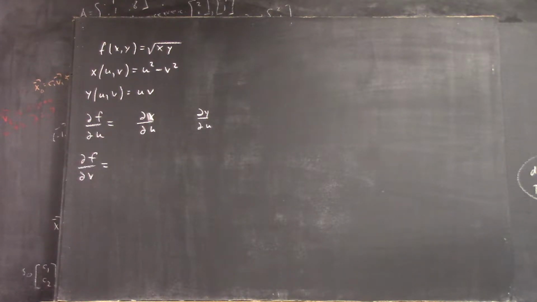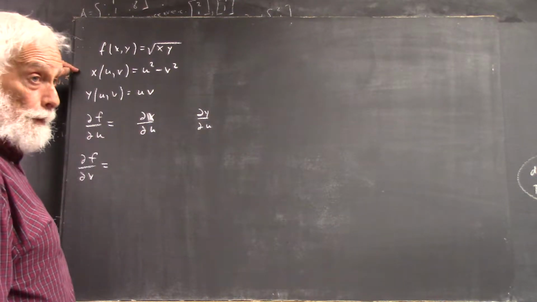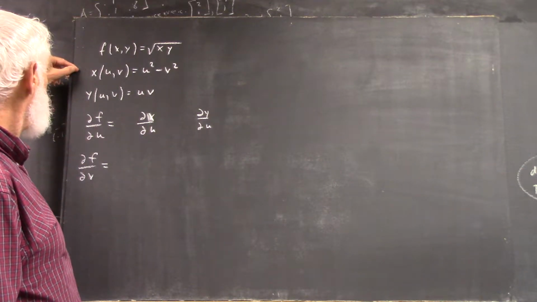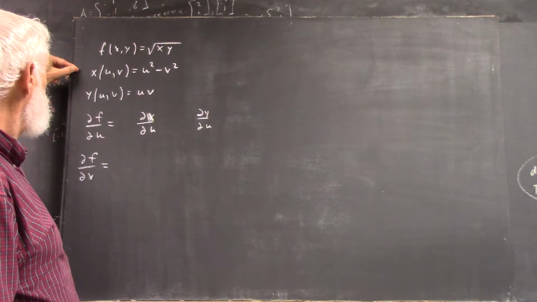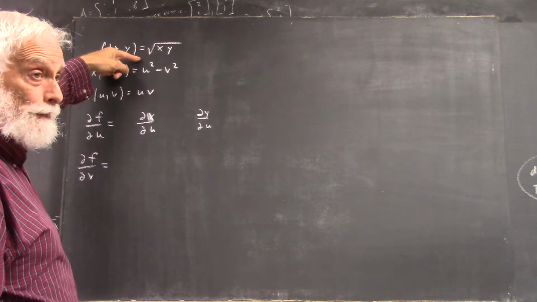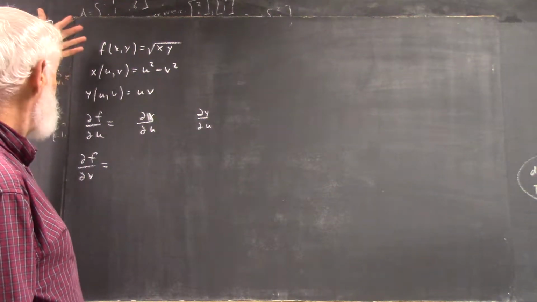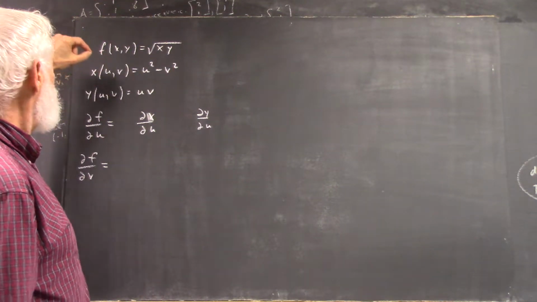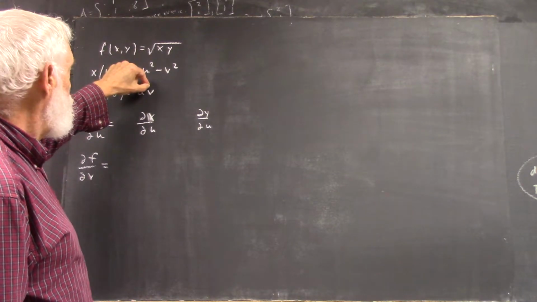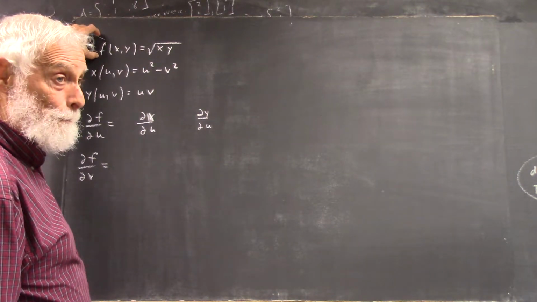Well, let's see. So, x changes by a little bit, right? So, what's that do up here? Changes f. Yeah, but it's the change in x that results from the change in u that changes f, right?